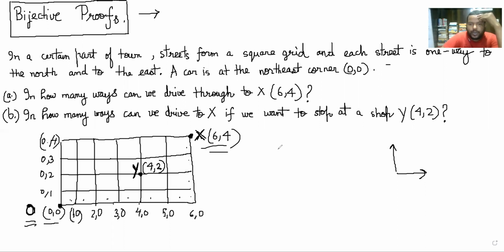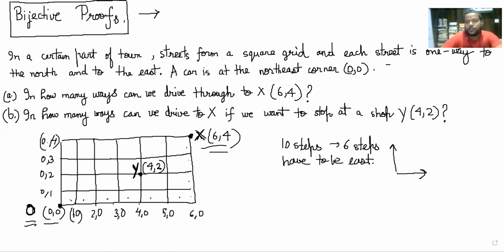So you have 10 steps to take, out of which 6 steps have to be east steps, right? The number of ways in which you can choose 6 east steps out of 10 steps would be 10C6, and the remaining 4 steps will be north steps.